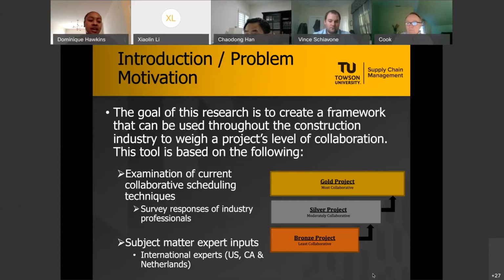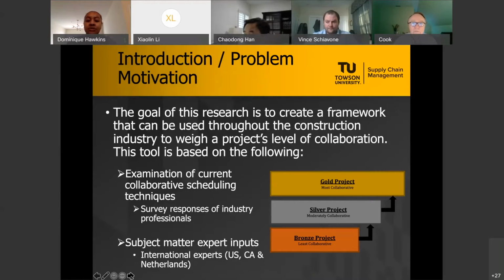And then throughout the entirety of the project, we worked really closely with a team of 11 subject matter experts. That team was made up of international experts with job roles such as project control specialists, schedulers, planners, project managers, and operations professionals.